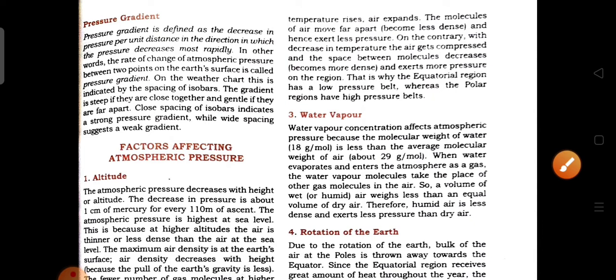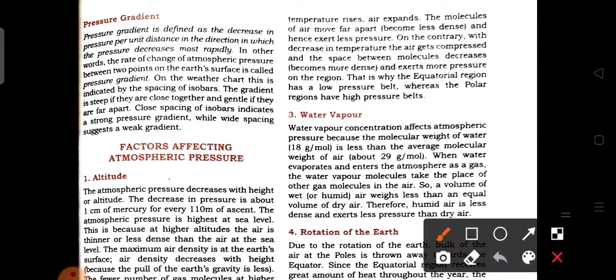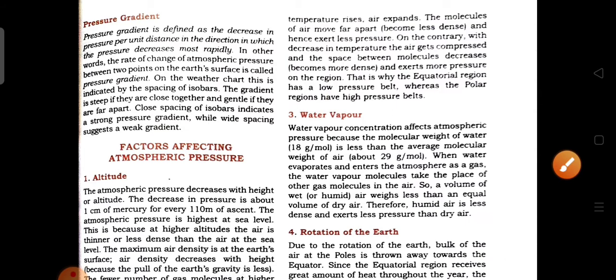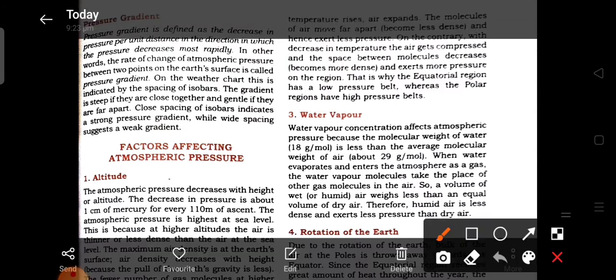Close spacing of isobars indicates a strong pressure gradient, while wide spacing suggests a weak or low pressure gradient. So we covered the section on pressure gradient.